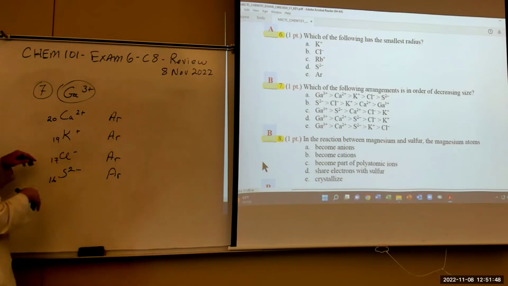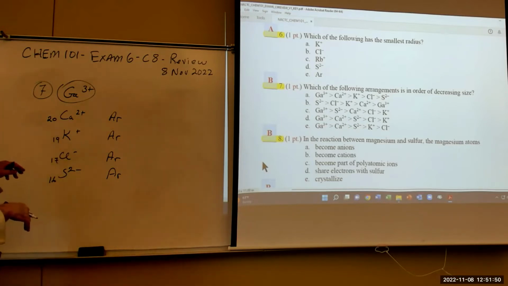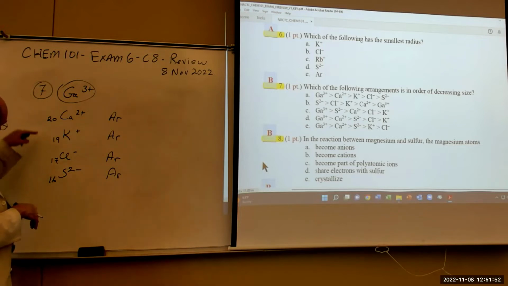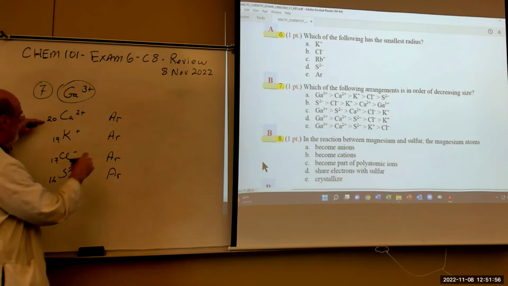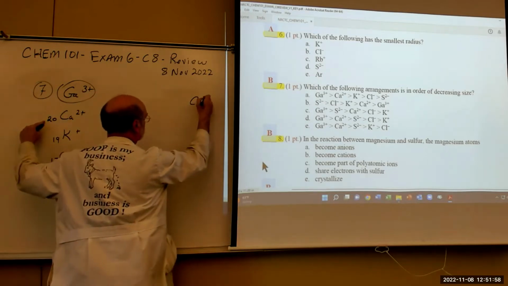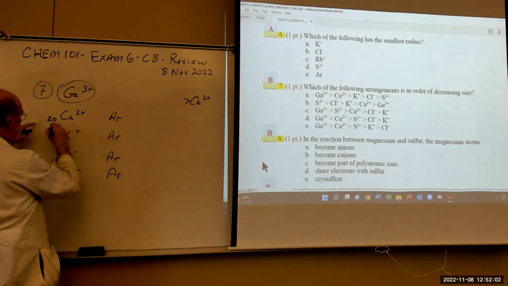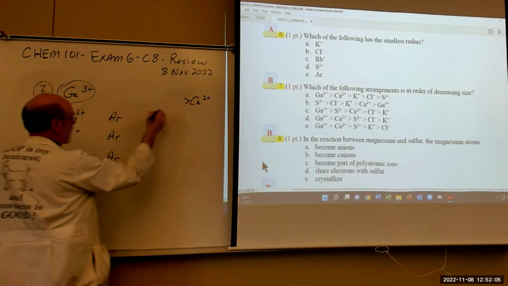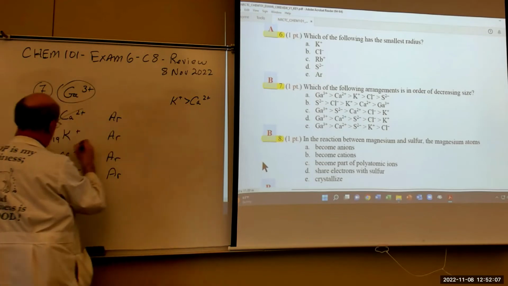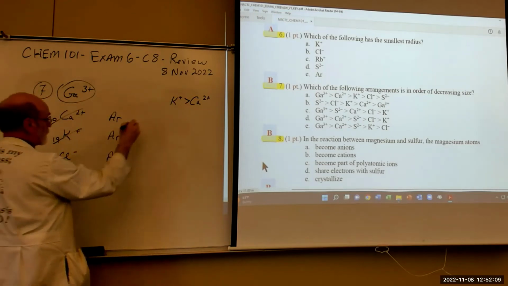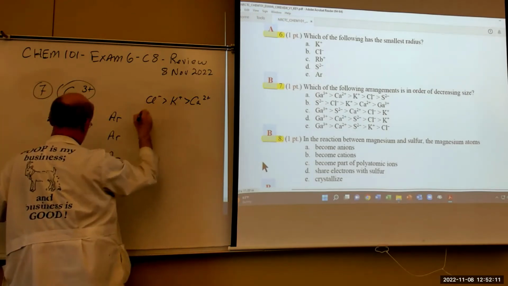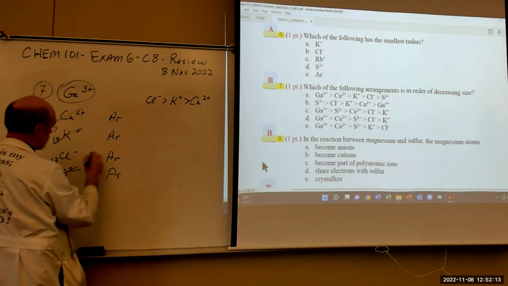If these are isoelectronic, then the smallest one should be this one, right? That should be the smallest one. And the next one should be potassium. And the next one should be chlorine. The next one should be sulfur.